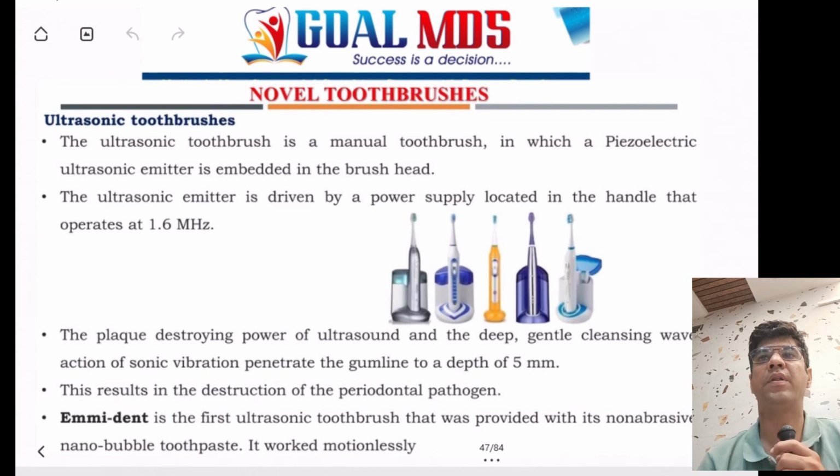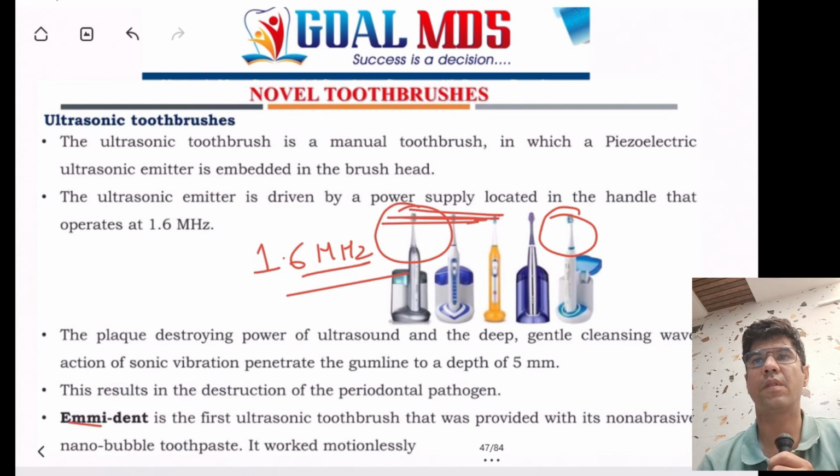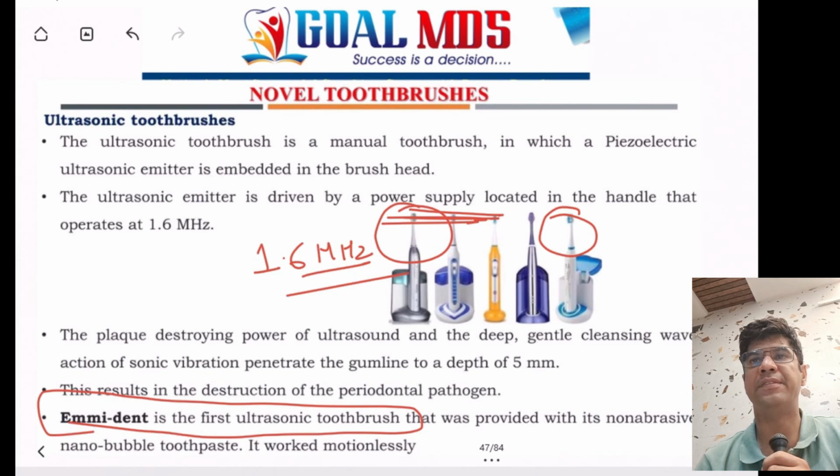The other is the ultrasonic brush. It has a piezoelectric ultrasonic emitter embedded in the brush head, driven by a power supply that operates at 1.6 megahertz. Ambident is the first ultrasonic brush.